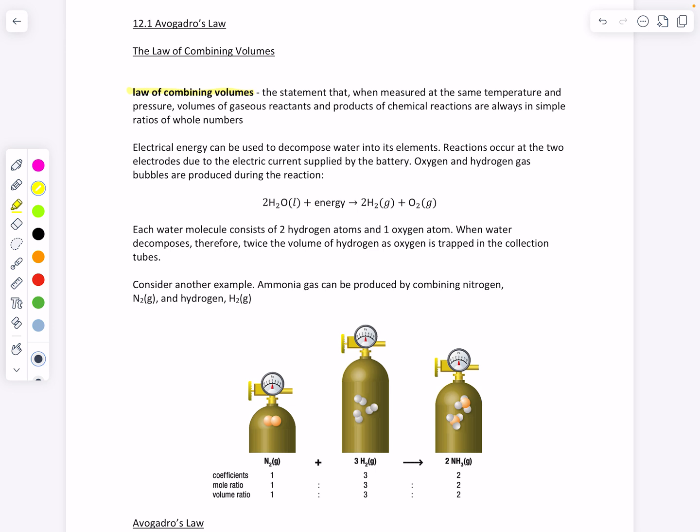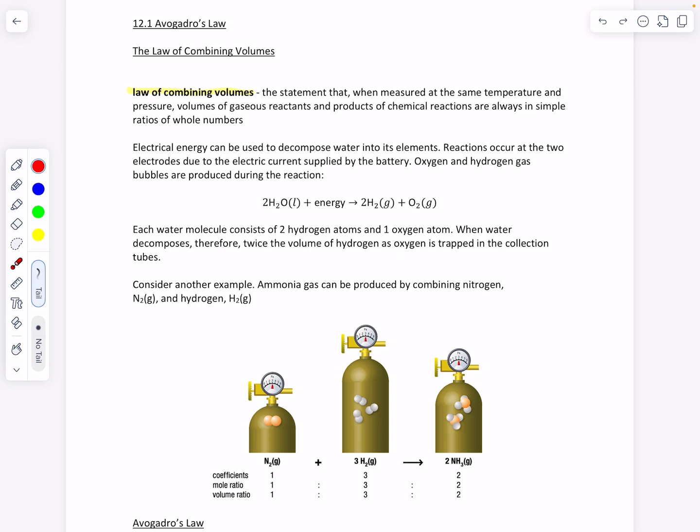The balanced equation says two H2O molecules decompose into 2 H2 gas plus 1 O2 gas. Each water molecule consists of 2 hydrogen and 1 oxygen. When water decomposes, therefore, twice the volume of hydrogen as oxygen is trapped in the collection tubes.